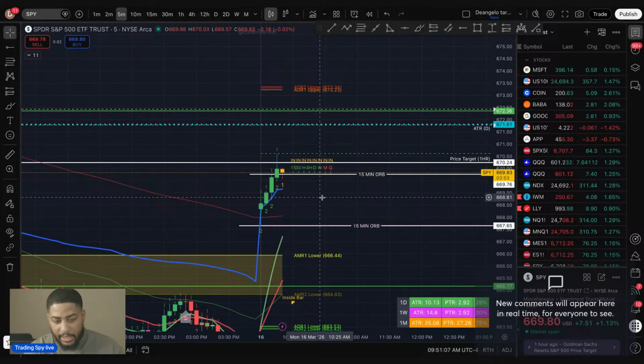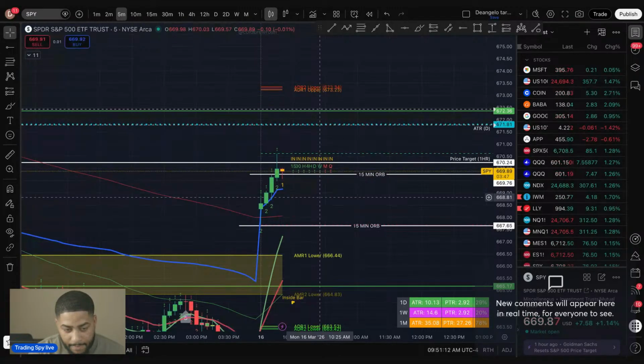It still got some buying pressure. Right here, if we get a really big green candle, it's probably gonna push some more. Now I'm kind of stuck waiting because it's still in the area where it can pull back.